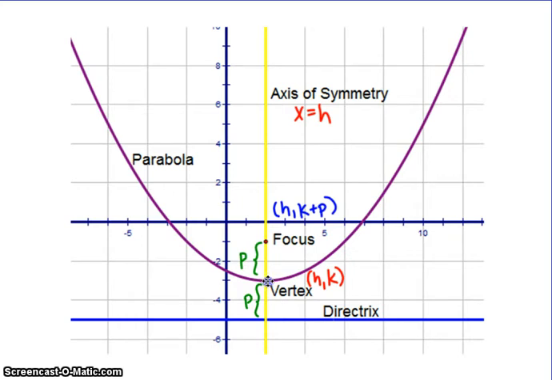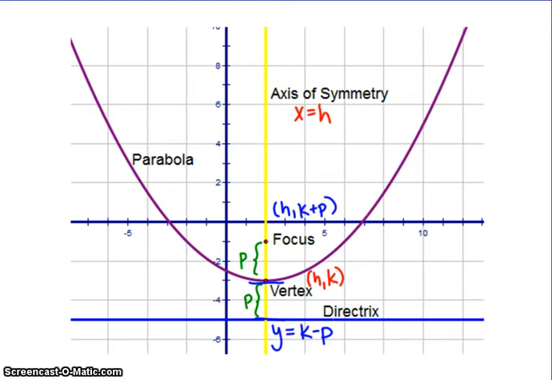Now the directrix is going in the opposite direction, so we are actually going to subtract. To find the equation of the line, remember the directrix is a line and not really a point, we're going to say y equals k minus p. Because the y value is k, and then I subtracted p to get my directrix, y equals k minus p.